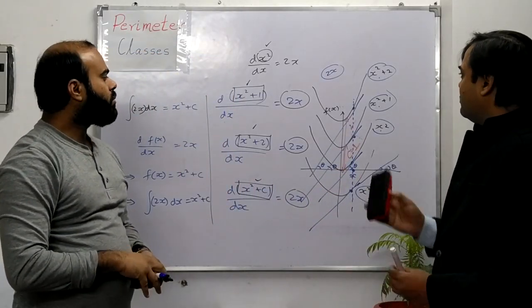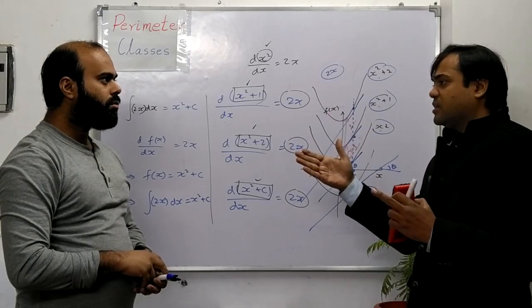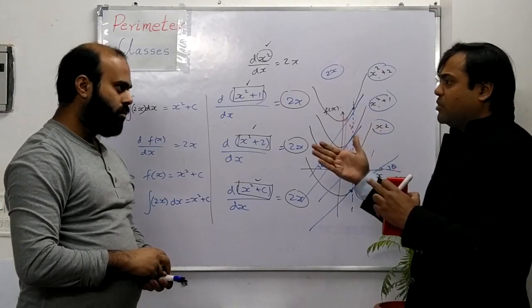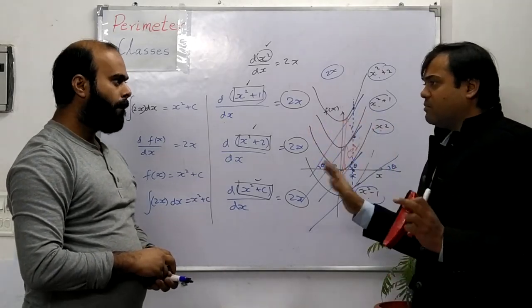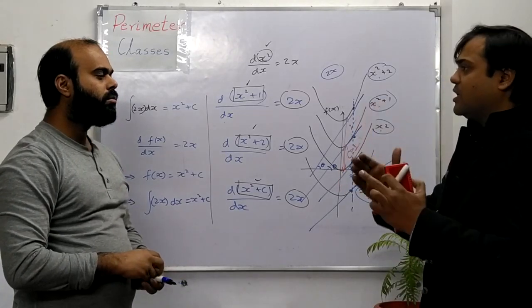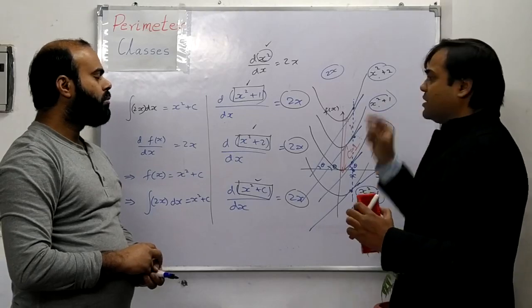The definite value will come only when we know exactly from where to where we have to integrate. Here we don't know from which point to which point we are integrating, so the constant is a general value which can be anything. But when the initial and final conditions are known, then we can exactly find the value of c.